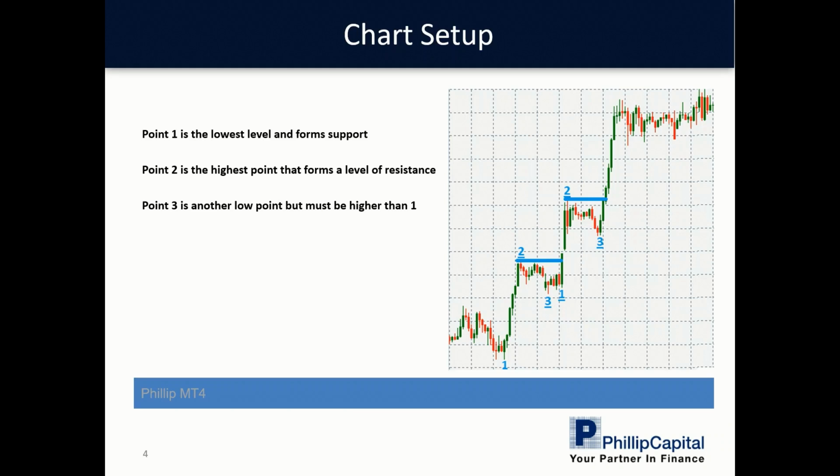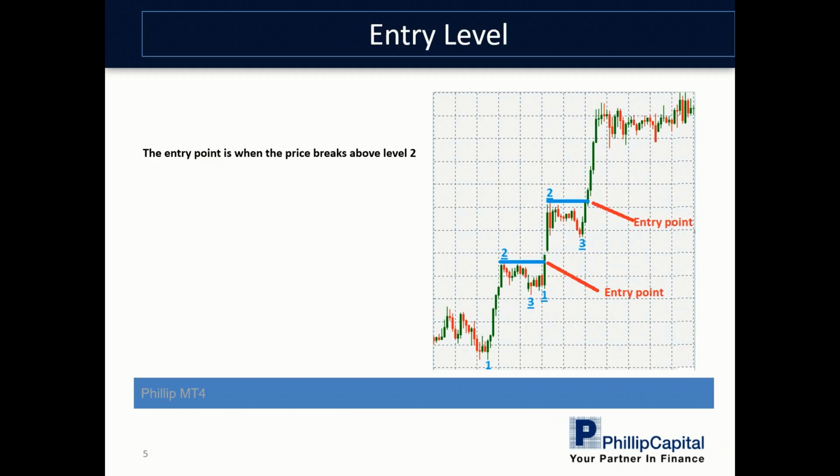And you can see also that this pattern occurs several times in an upward trending market. We have another pattern occur just above the first pattern as noted on the chart there. So moving into the entry point on this particular pattern, we can see that the entry point actually occurs at level 2. So you can see the line drawn across there.